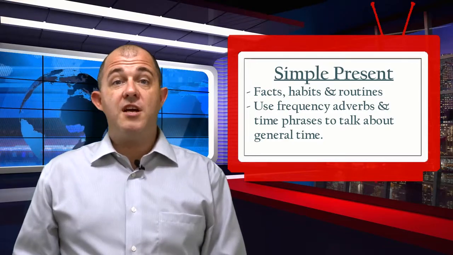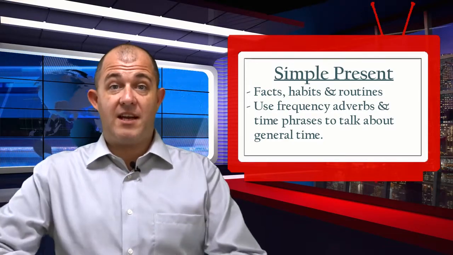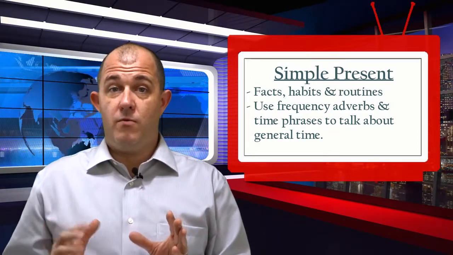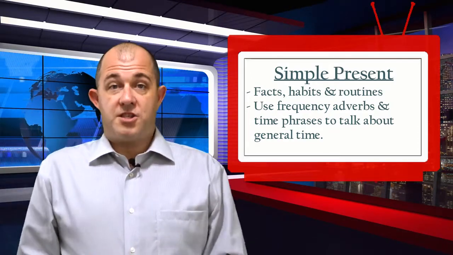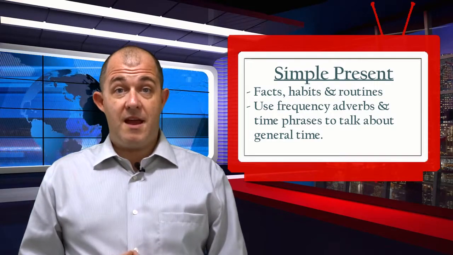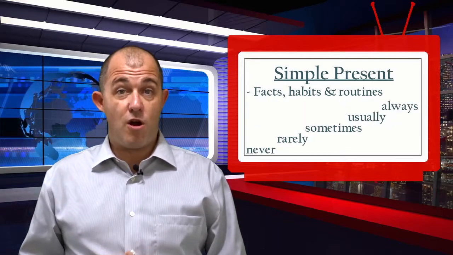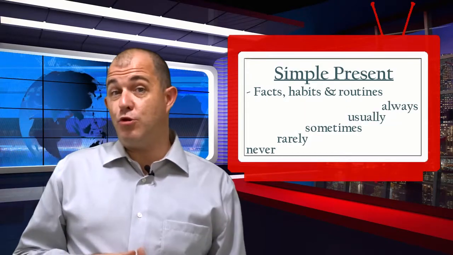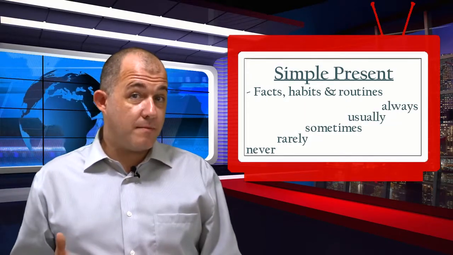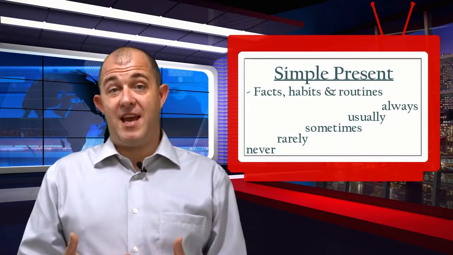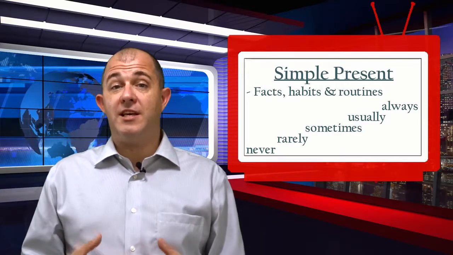We also use time phrases that communicate a general period of time with simple present. Some of the most common adverbs of frequency which we use with simple present are always, usually, sometimes, rarely, and never. And these communicate, again, how frequently we do something.